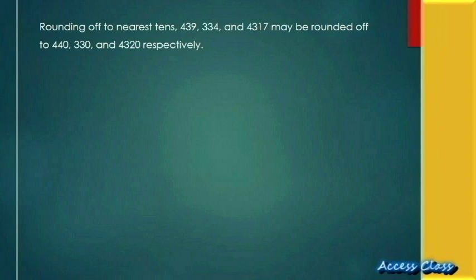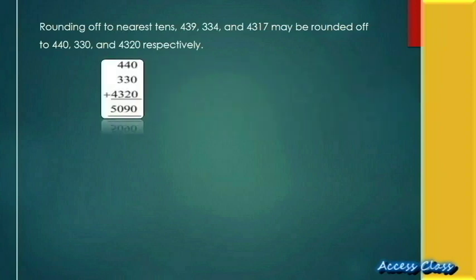So what you need to do? Now you need to add all these numbers 440, 330, 4320. Again, add it. Write your answer in the comment. Yes, 5090. Hope your answer is correct.